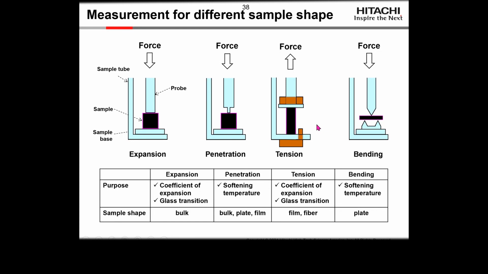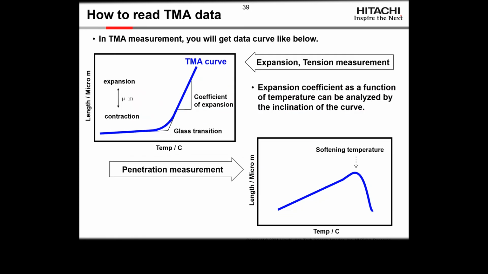So that you can get various geometries into the TMA and use those depending on what you need to measure. When you read TMA data, what you get depends on what kind of test you're doing.